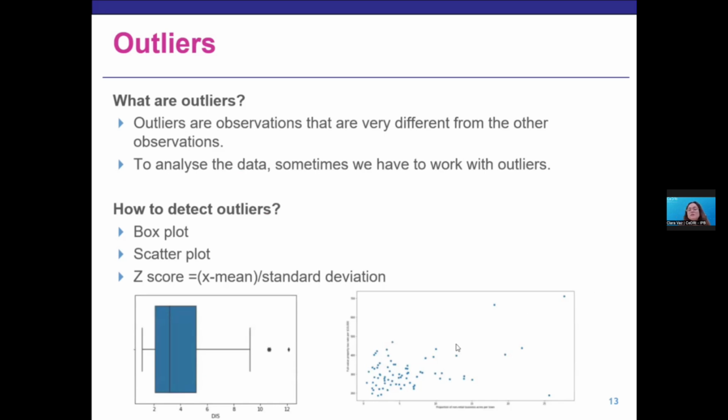And in this scatter on the right, we have observations that are very far from the remaining observations. We can also calculate the z-score to identify the observations that are extreme, very different from the other observations.